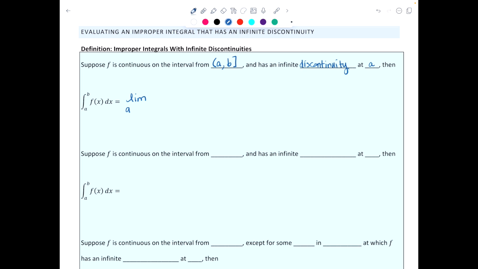Then we get the limit as A approaches C from the right side of the integral from C to B of f of x dx.